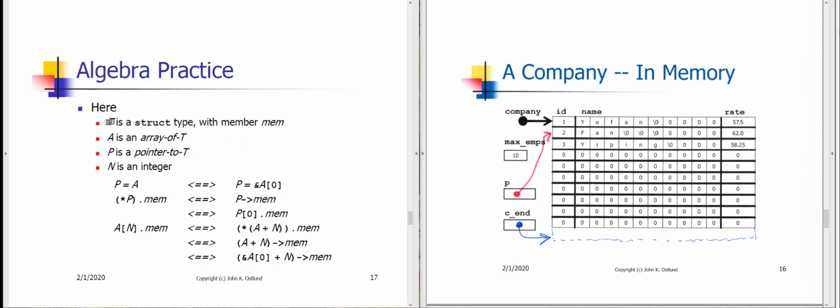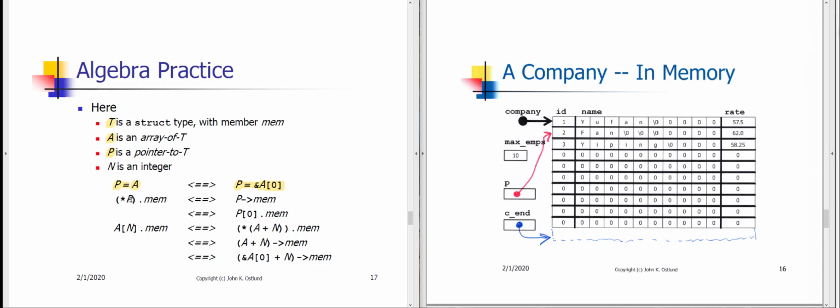Let's suppose that T is the data type of some structure, and within that structure we have some member named mem. Then if we have an array of T called A, and if P is a pointer to T, this expression, P gets A, means that P is going to contain the address of the initial element within the array A. That is, P gets A is equivalent to P gets address of A sub 0.